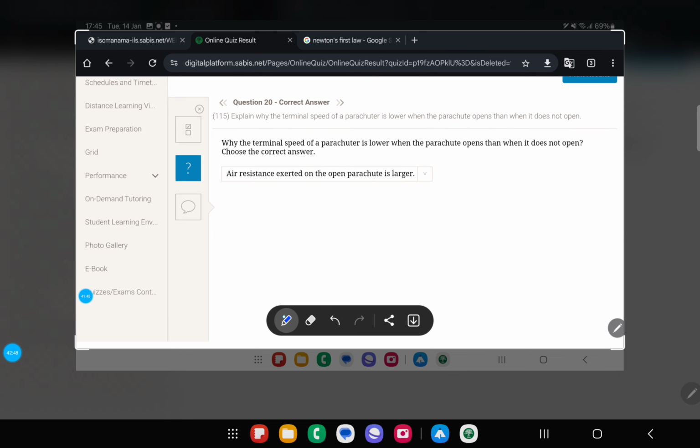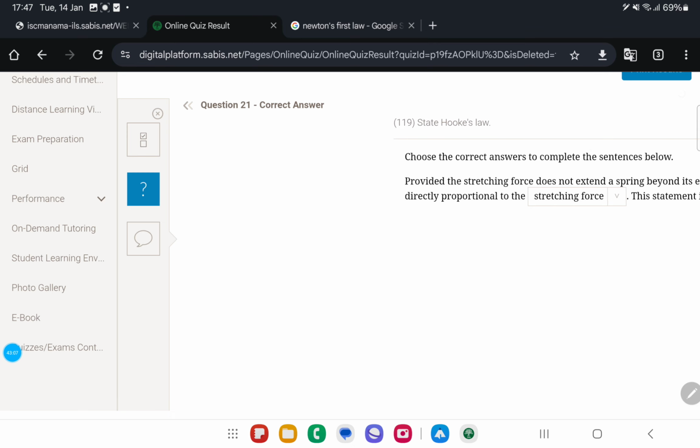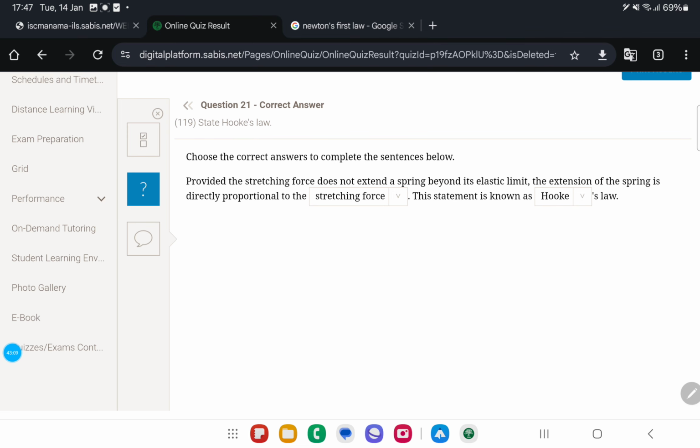Alright? So, as it said here, air resistance exerted on the open parachute is larger. There is more surface area on the parachute than the one with no parachute, which has nothing to slow him down. Okay? That's why. Again, logic.